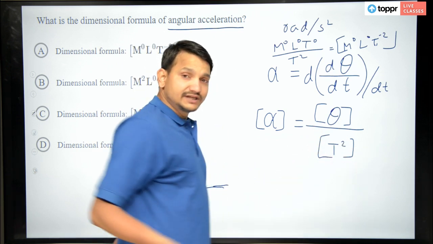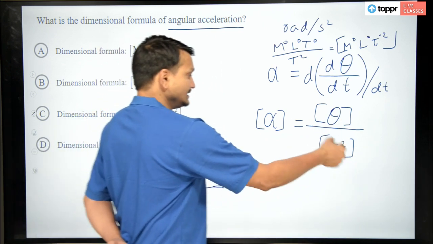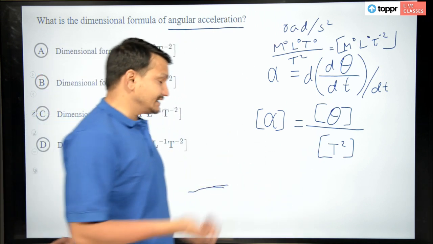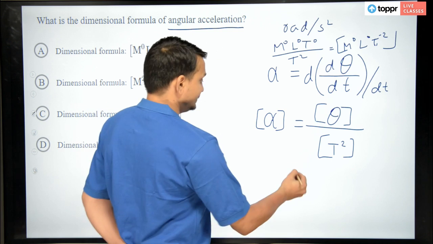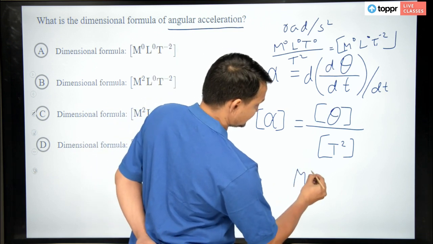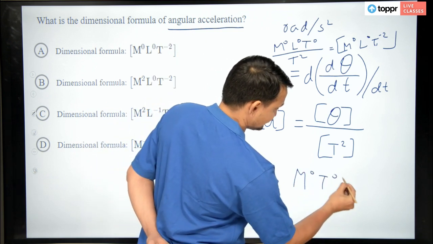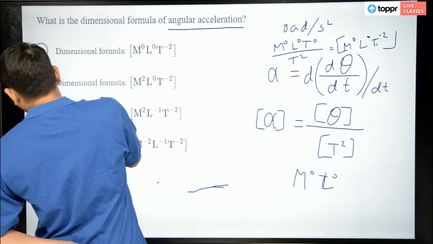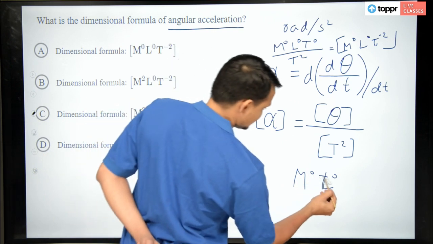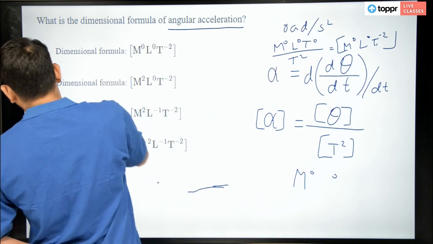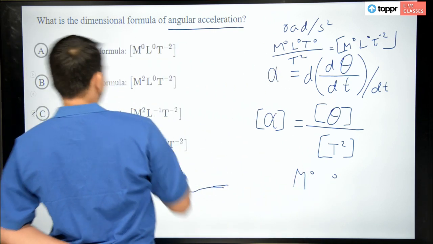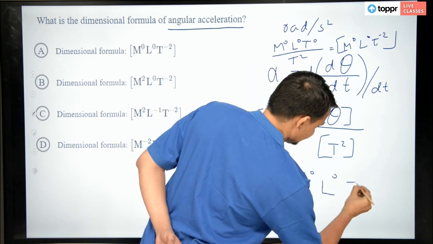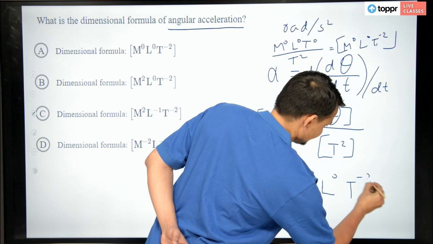So M0 L0 T0, and this T is square, and in the denominator it gives us inverse square here. That is what we have as our final dimensional formula here, not equation.